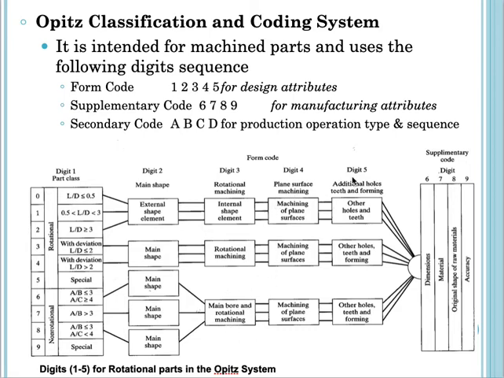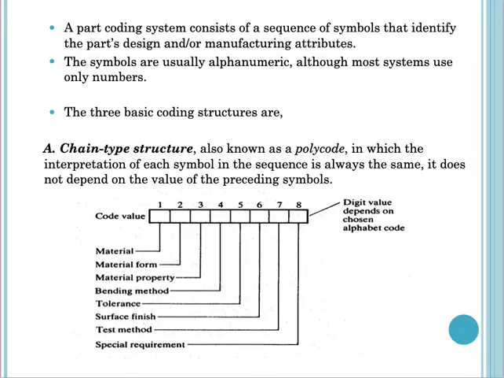Digits 4, 5 and 6 are dimensions, 7 is material, 8 is original shape of raw material, and the ninth is accuracy. This is how the coding works.